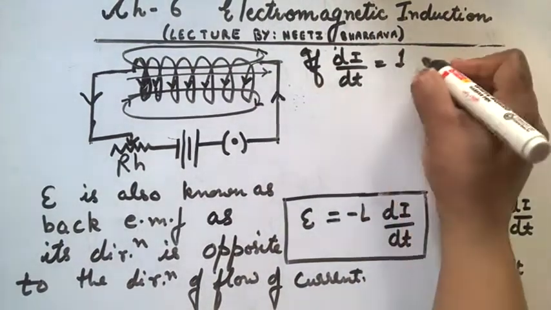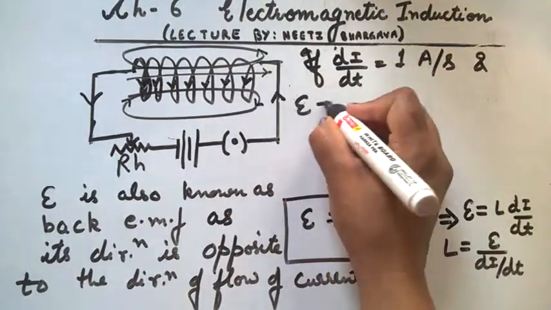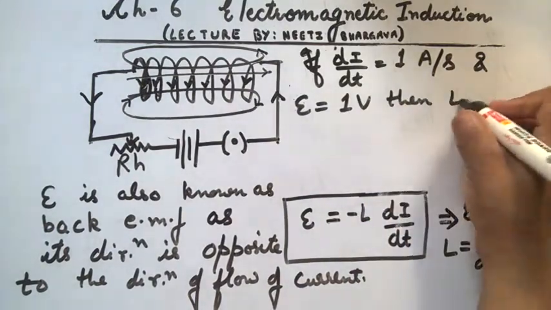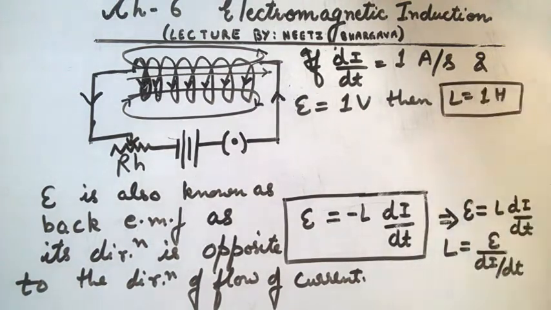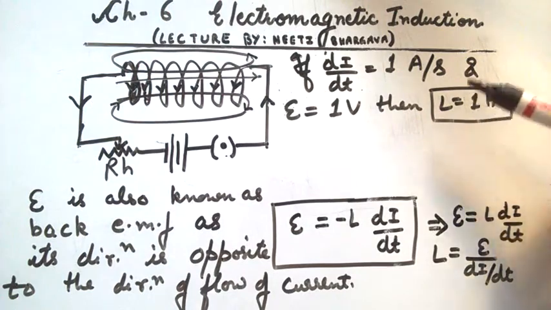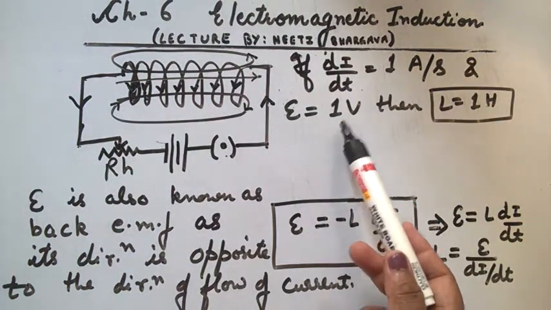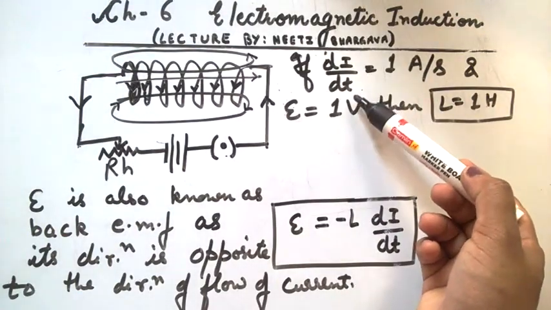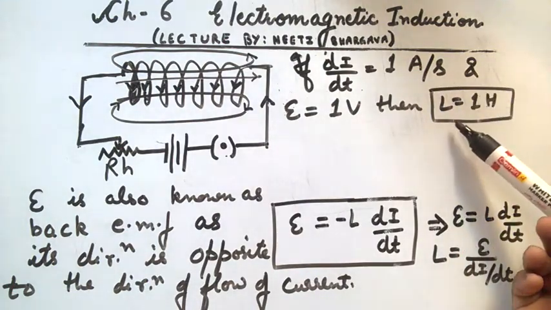Thus we can define self-inductance: when the EMF produced is equal to 1 volt and the increase in current with respect to time is equal to 1 ampere per second, then self-inductance is equal to 1 Henry.